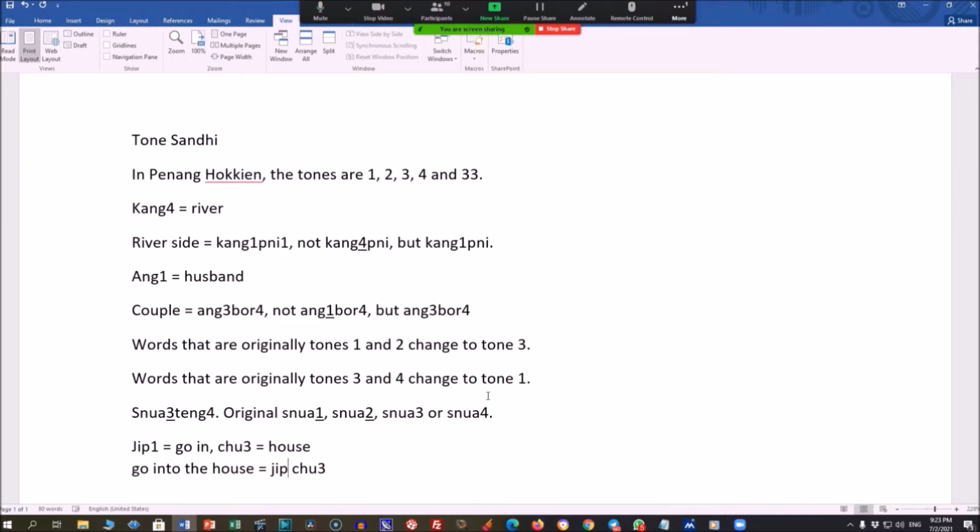Three. Jit is originally tone 1, it must change to tone 3. So not Jit chu but Jit chu. Jit, the original word, has to now change to tone 3, so it's now Jit chu. The tone has changed from 1 to 3.